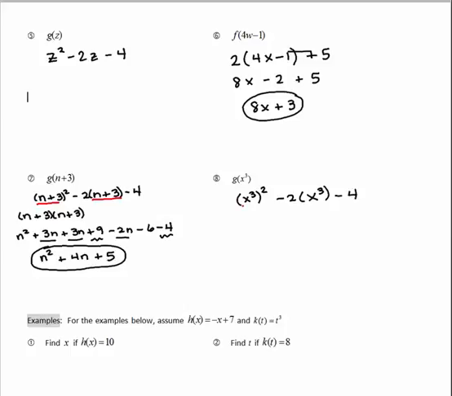Once again, notice that where there used to be n's, I now have x cubeds instead. Remember your laws of exponents from beginning algebra? When I have a power raised to a power, I multiply my exponents. So x to the 6th minus 2x cubed minus 4.